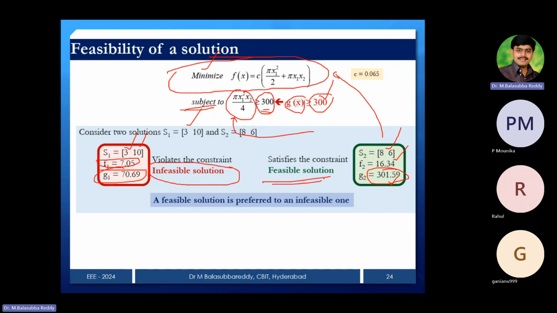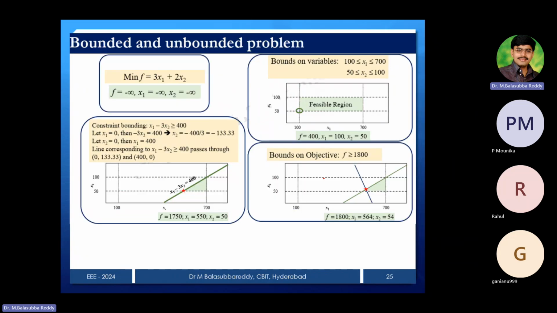You need to identify these things. Then the bounds, this also we need to consider. Here bounded means the function value as well as the variables are going to be bounded. Like generators, as I said, generator 1 and generator 2 values are known, but whether they are within the bound or not.